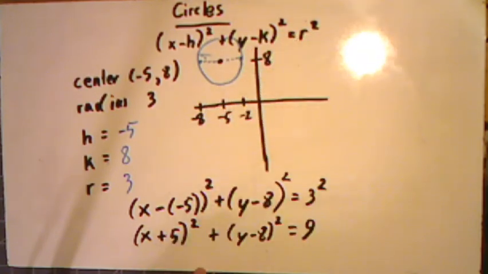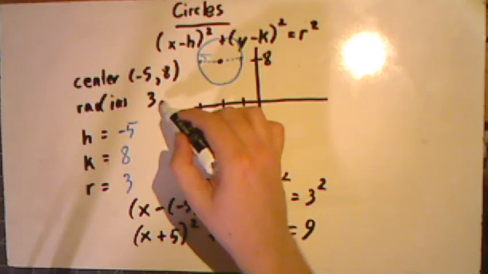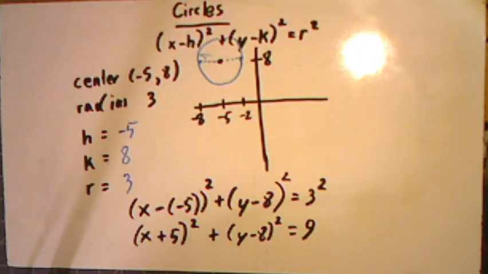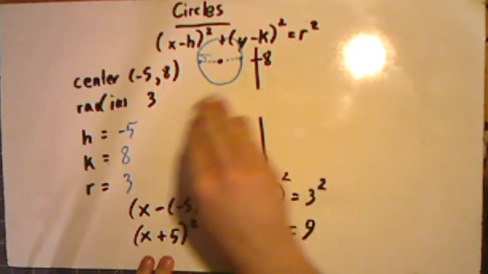Sometimes you may be asked to find the midpoint of a certain line segment. That is your center. Sometimes a radius is seen as a diameter. But ultimately, as long as you have the center point and the radius, you just plug into this formula here and you are set.